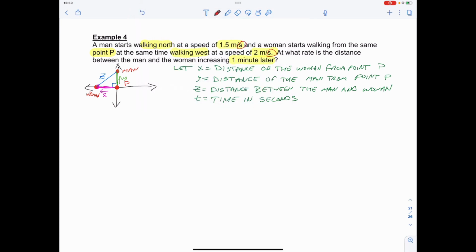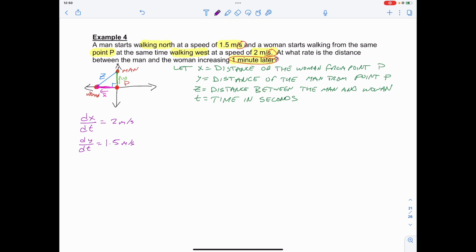Now I have to be careful because, like with the last example, I'm going to have that unit change because it says 1 minute later. Now, what do I know? Well, I know that the speed that the woman is walking is 2 meters per second. I know the speed that the man is walking is 1.5 meters per second.